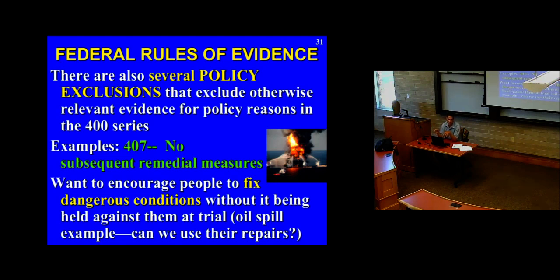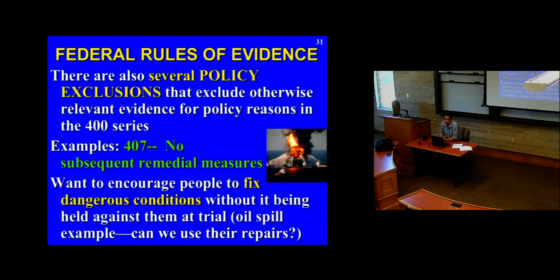And measure, right? The measure was to redesign the oil tanker or whatever it is. So even though it would be helpful to prove, perhaps, the negligence, there's a policy reason why we don't want to hold this against them. And the idea is that we don't want to provide a disincentive for people to take good measures.